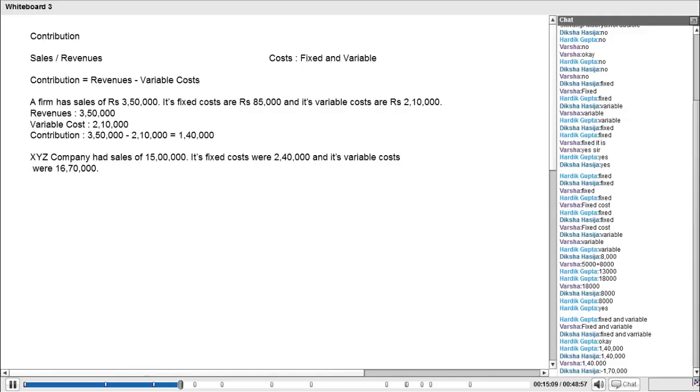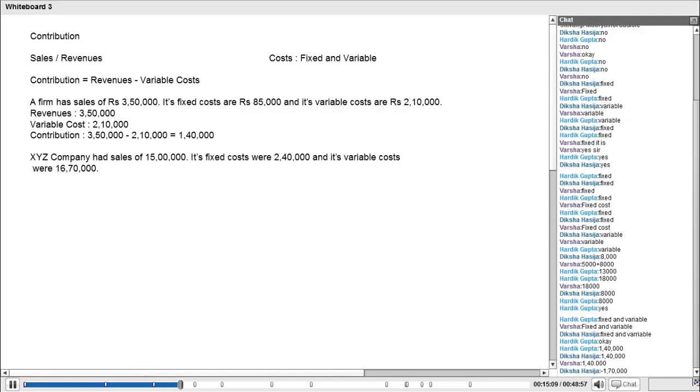Which is 10,000 into 10, which is 100,000 kilograms of wheat. And if he sold 15,000 bags, he would need 15,000 into 10, which is 1,50,000 kgs of wheat. As this is varying in both the cases, this is a variable cost. Okay, is that clear?